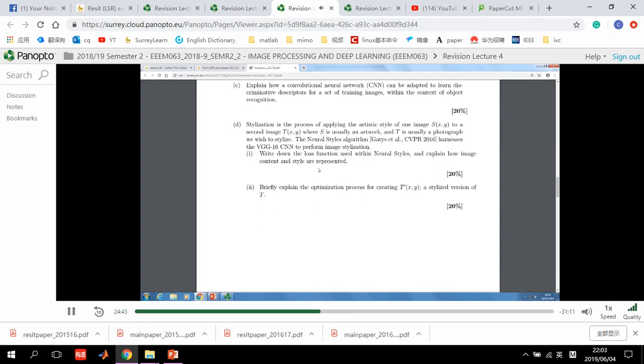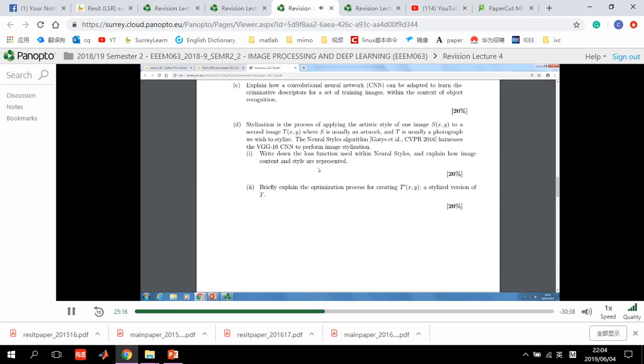And we want a T prime such that the content of T prime is equal to the content of the original, the content of T. So if each of these functions, C of T and C of T prime respectively, are giving me a content descriptor, then I'd expect the L2 norm of their response difference to be 0. So I want a T prime that gives me a low value for this.